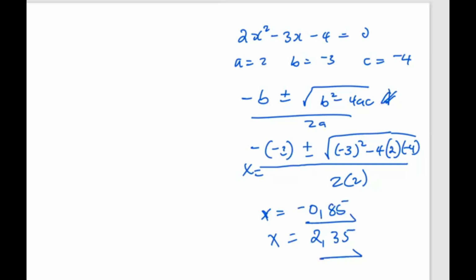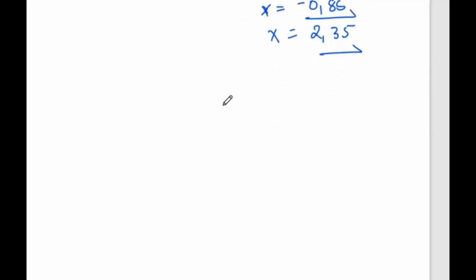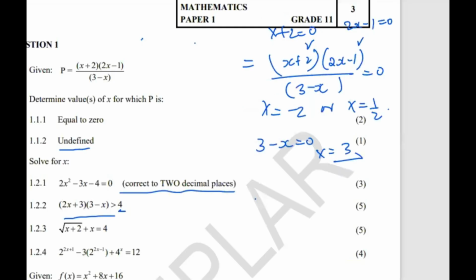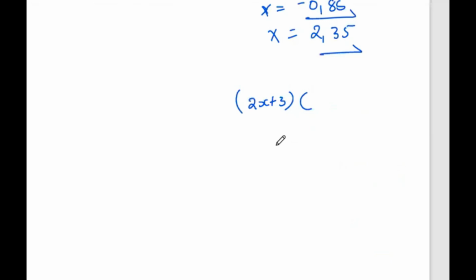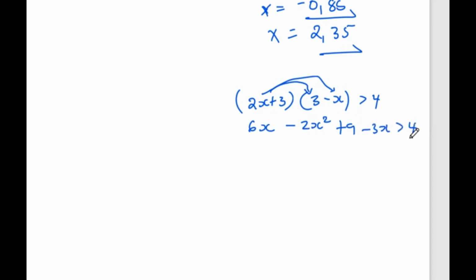It's saying 2x plus 3, and then we multiply by 3 minus x, is greater than 4. Open this up. So 2x and 3 is going to be 6x. 2x and negative x is going to be minus 2x squared. 3 and 3 is a plus 9. That's a minus 3x, is greater than 4.